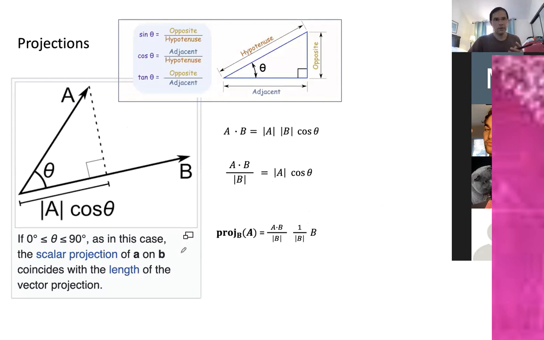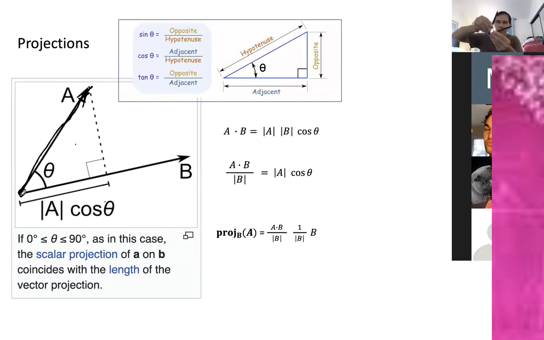Okay, so let me just say a few words about projections now. What we'll be doing is essentially this. Let's say we have two vectors. One is maybe A. From here to here, this is the vector A. Let's take another vector B. The vectors A and B are somewhere in the space, but I can look at the representative vectors.